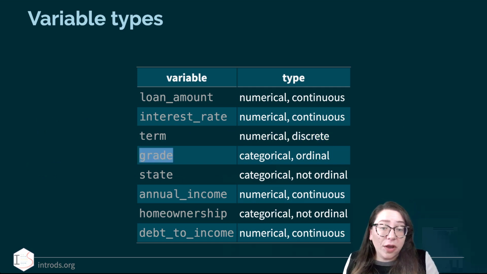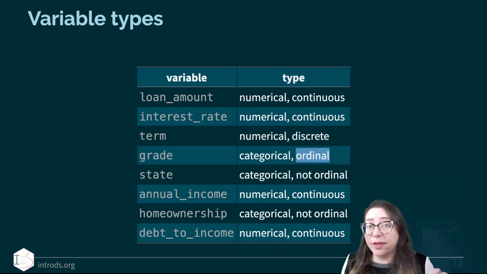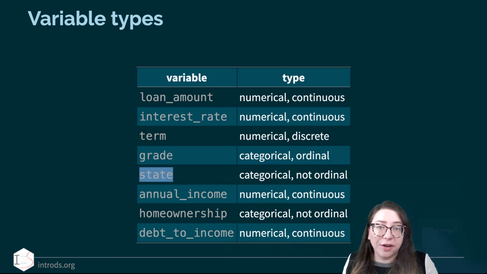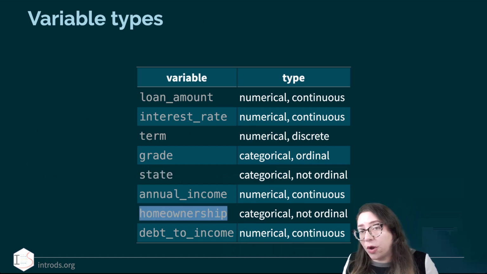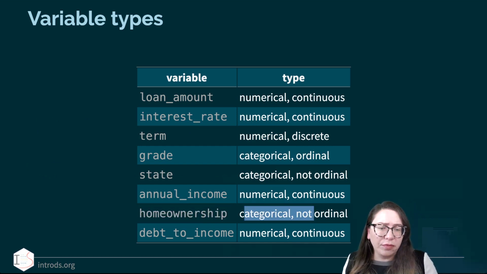The grade of the loan is a categorical variable where the levels have inherent ordering. We said they went from A to G and that those levels mean something in order, versus the US state where the borrower resides, which is a categorical variable, but the levels are not ordinal. And similarly for home ownership, we had 3 levels: own, mortgage, or rent. And there we again have a categorical variable which is not ordinal.